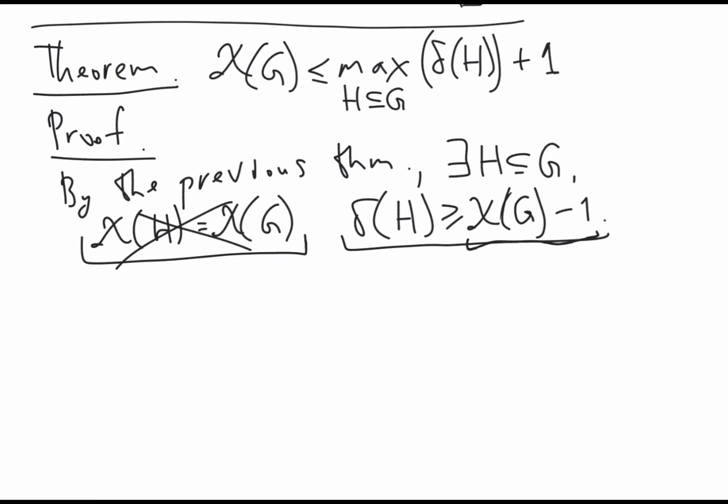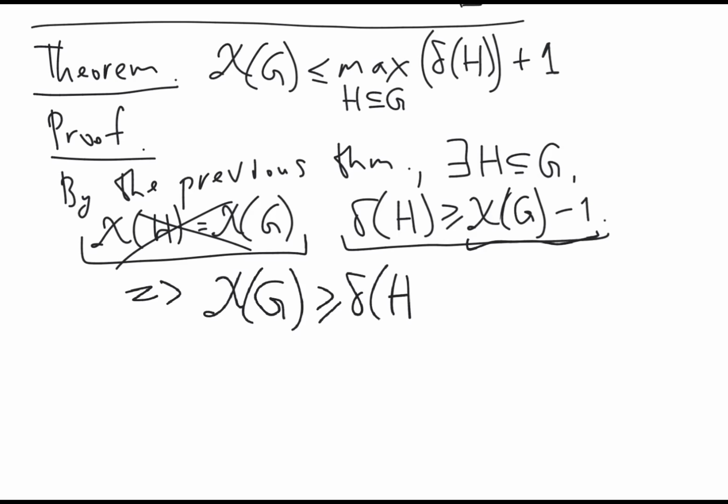So this can be rewritten as he of G less or equal than delta of H plus 1, right? And now there exists a subgraph H with this property.